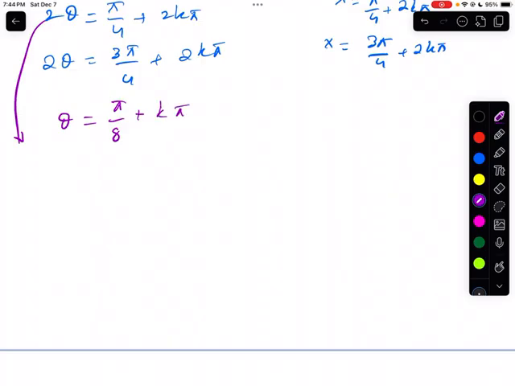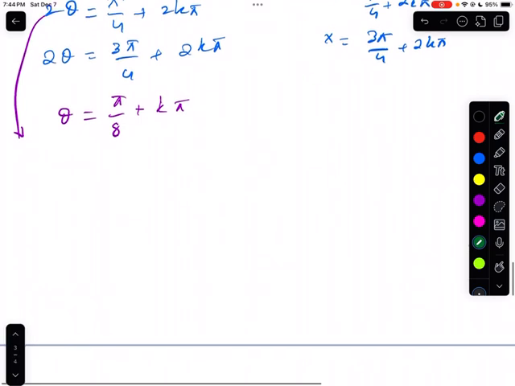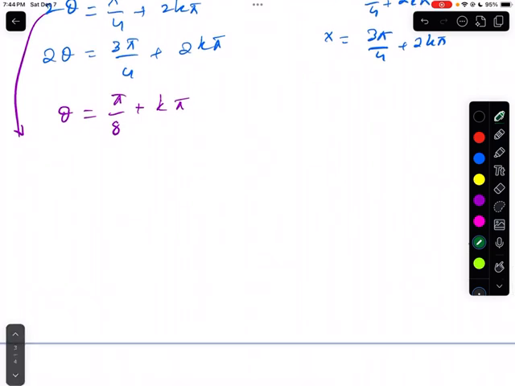And from the second equation I'll get, so this will give me theta equals 3 pi over 8 plus k pi.